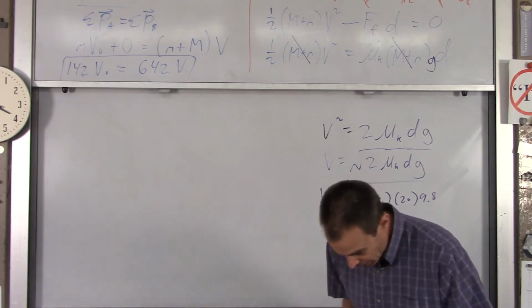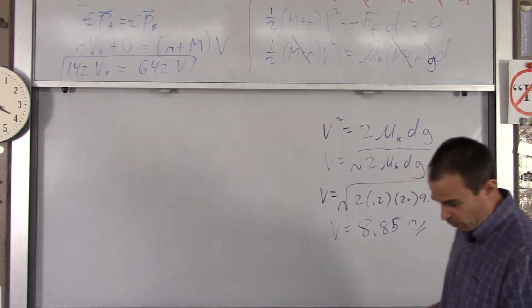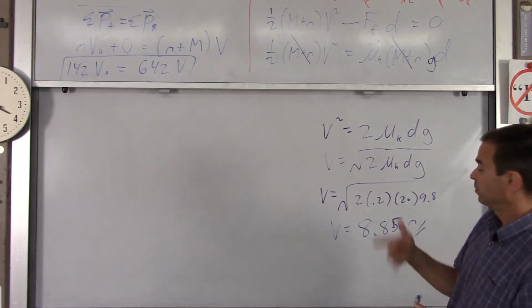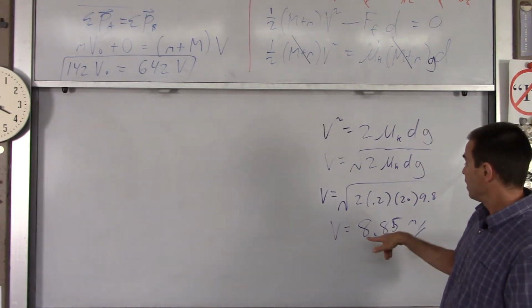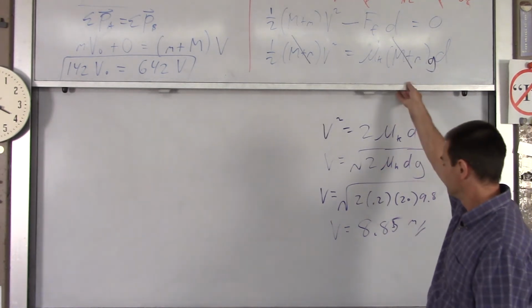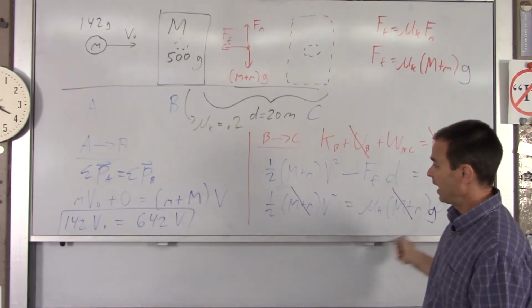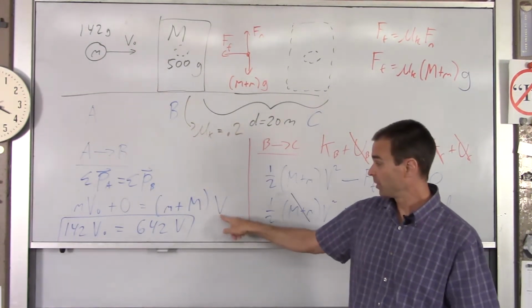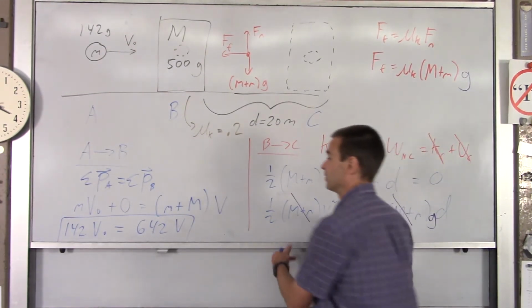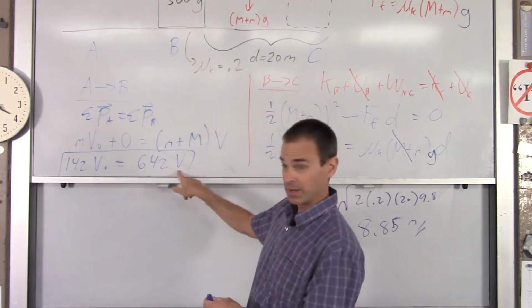All right, now, what's V naught? Okay, how fast was the ball going before the collision? So we're going to take that number, and that's V here too. So we're going to plug that number in right there, okay? Or we'll do it right here where we have numbers.